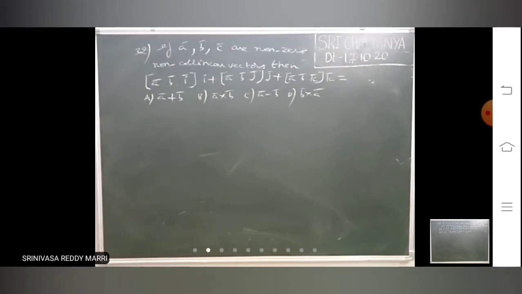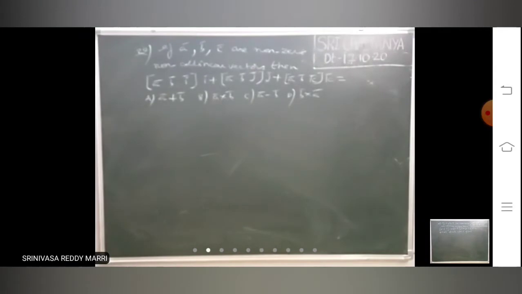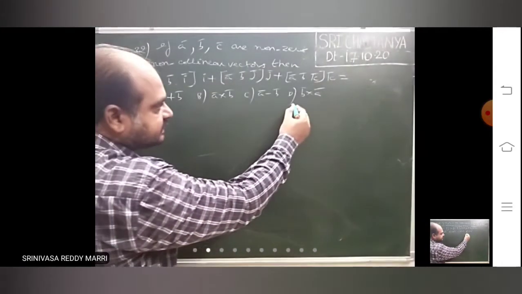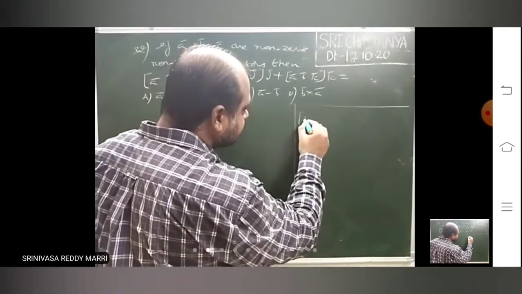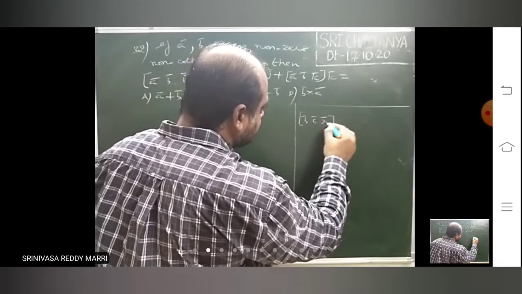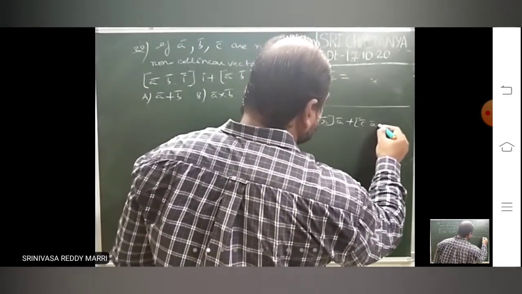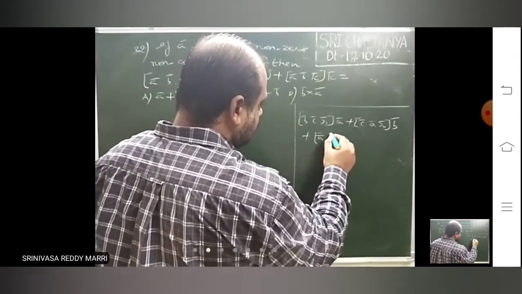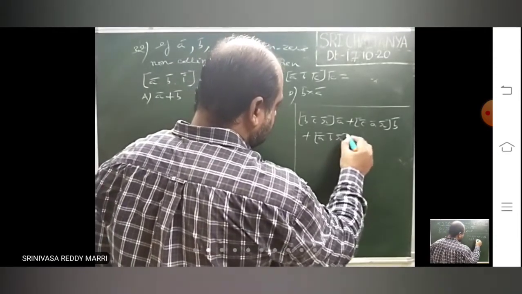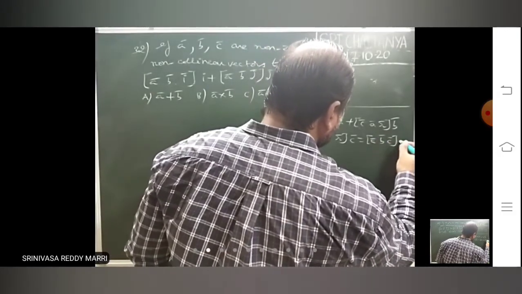Look at here. So this is in terms of I, J, K. This is in terms of I, J, K. So our relation is whatever we have designed is this.